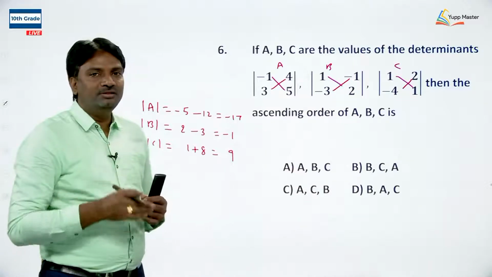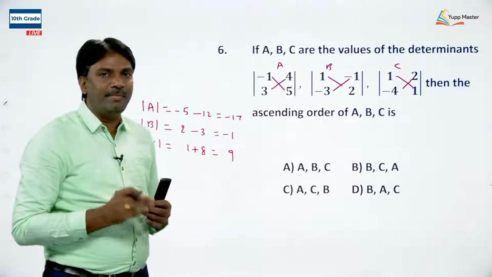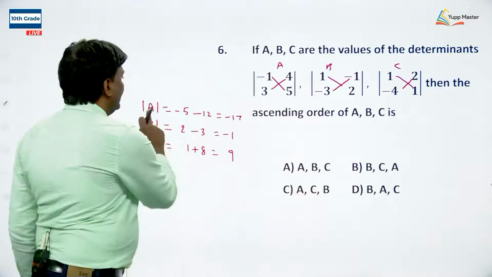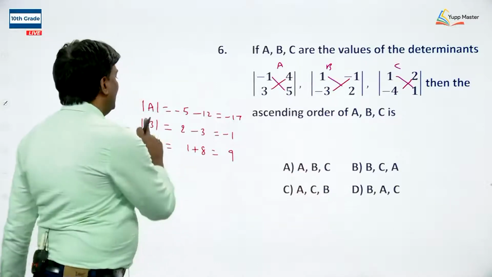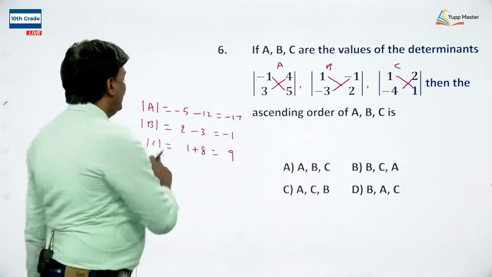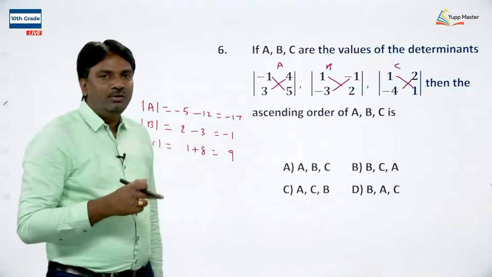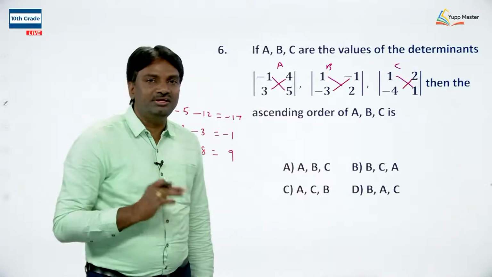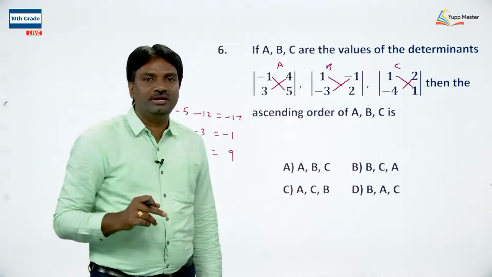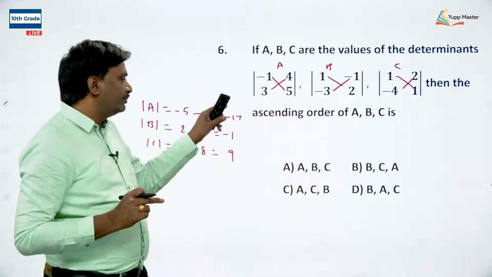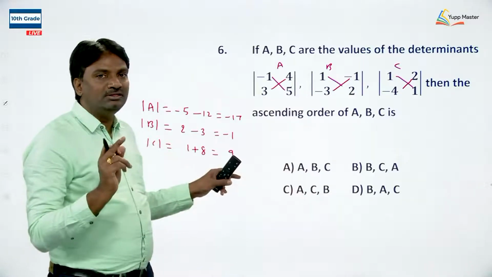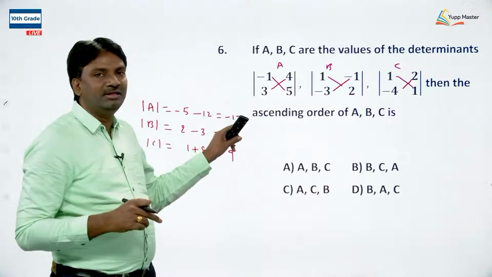So we got the values of the determinants of the 3 matrices A, B, C as det A equal to -17, det B equal to -1, det C equal to 9. We have to arrange these 3 values in ascending order, least value to greatest value. By observing these 3 values, -17 is the least value.